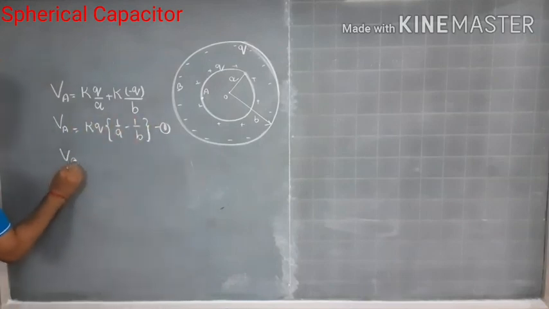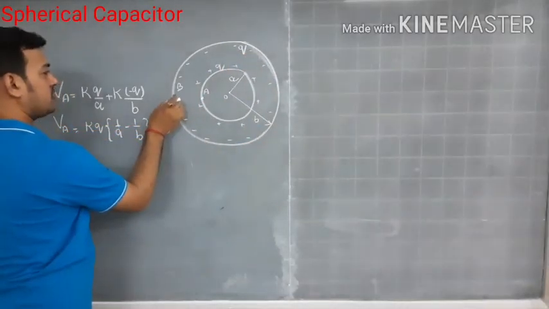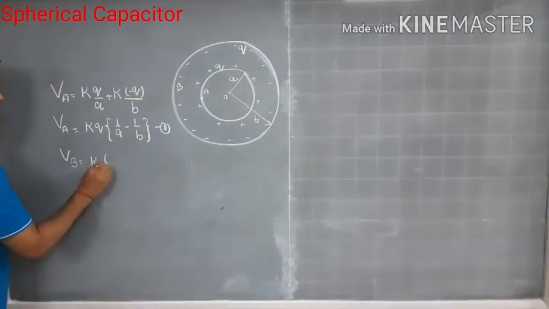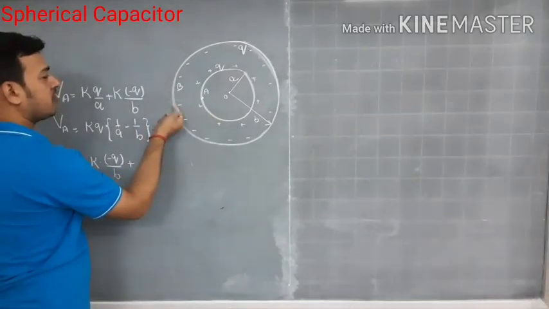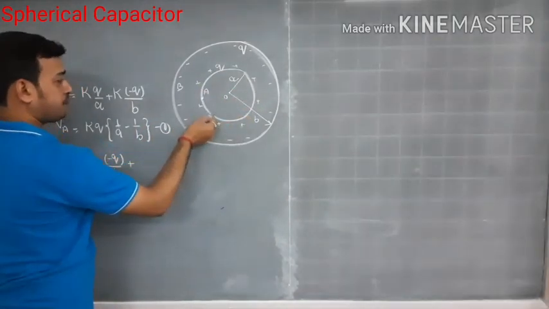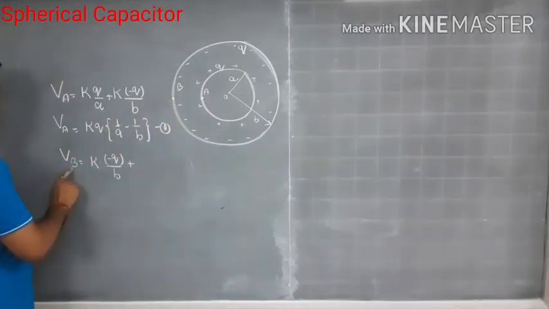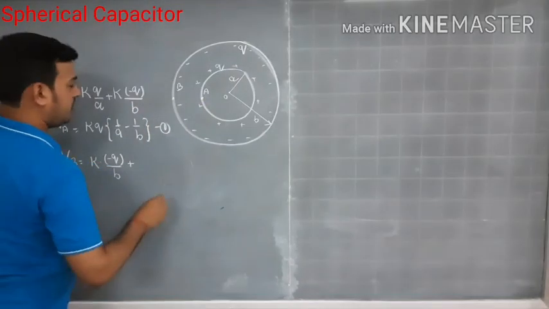Now to find out the potential of the outer shell, first we will calculate the potential due to its own charge, and that will be K times the charge divided by radius, and there will be a contribution due to the inner shell too, as the point on which I am calculating the potential is outside the inner shell.